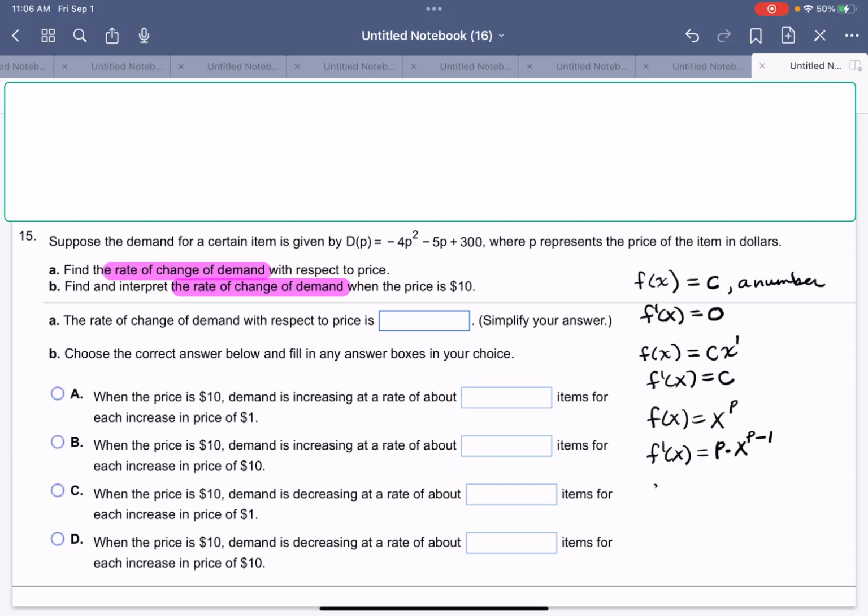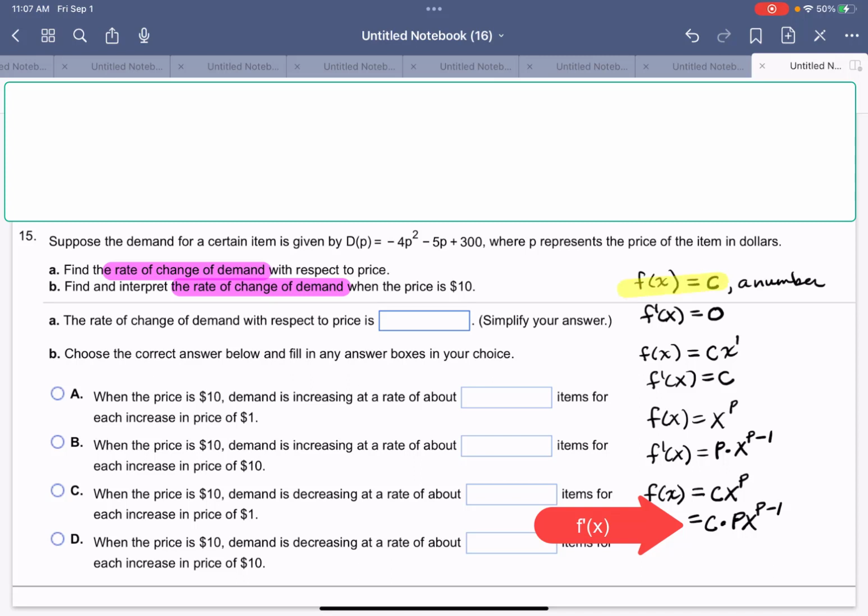If it happens to be a function with a number in front of a power higher than 1, like cx to the p, my derivative is going to be c times p times x to the p minus 1. So these are the derivative shortcuts that are nice to know.